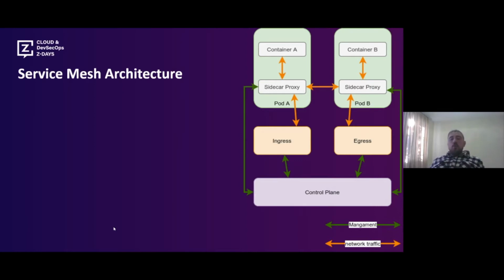Okay, so what's service mesh? The basic idea behind service mesh as it emerged was that you need a proxy next to each container you are running, so that you can control network traffic, and all that. So, some terminology here. I'm assuming you are familiar with Kubernetes and know what a pod is.